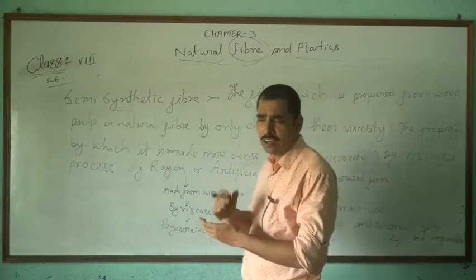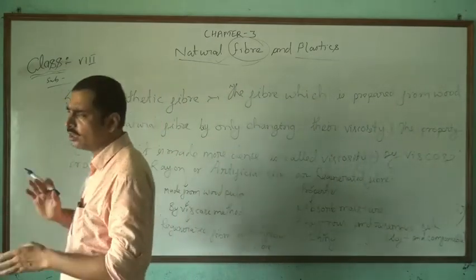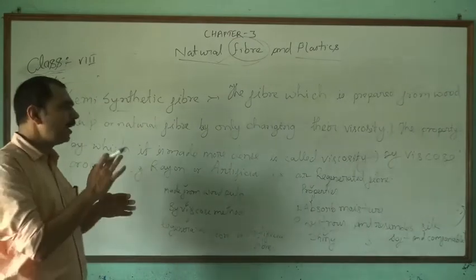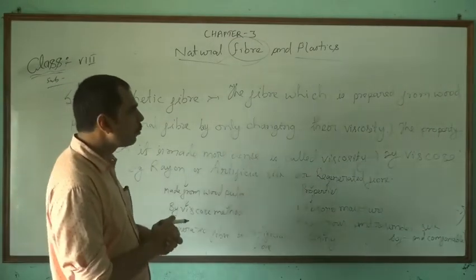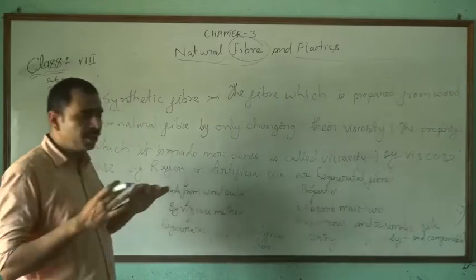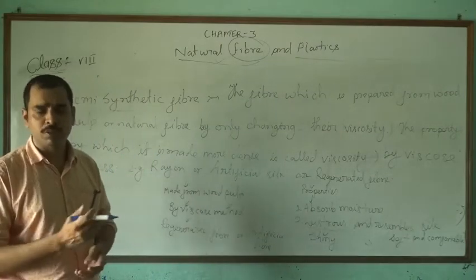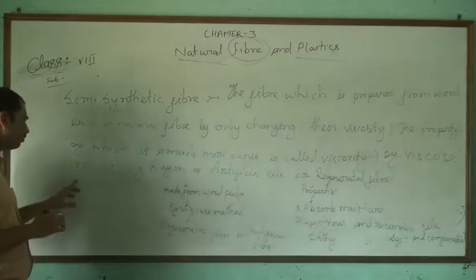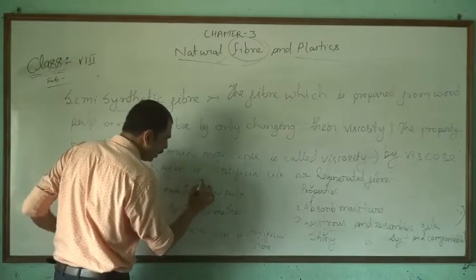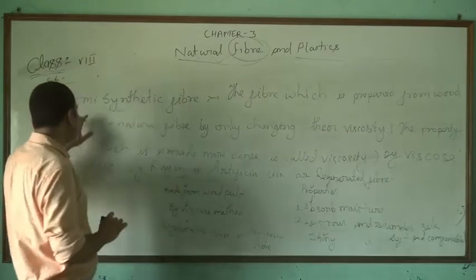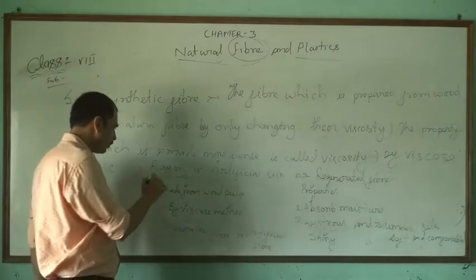Liquid को गाढ़ा करना, that property is called viscosity. That is made by the process called the viscous process. Viscous is a process by which liquid is made viscous. Now rayon is the example of this semi-synthetic fiber.